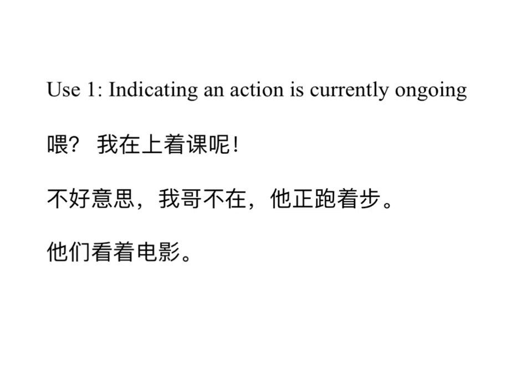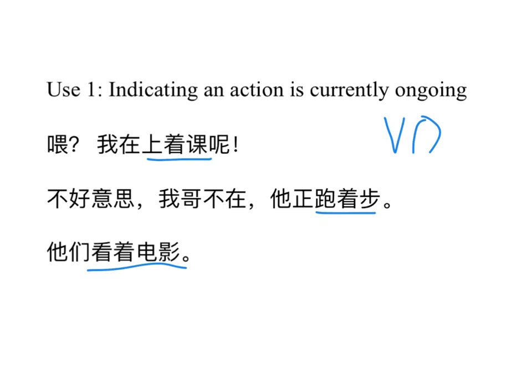Another thing to point out while we're here. 上着课，跑着步，看着电影. Where does 这 come after a verb? And if it's a VO, still after the verb. Okay? So, 上着课, not 上课着. 跑着步, not 跑步着.